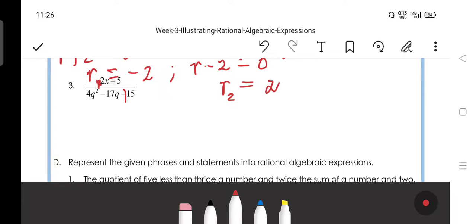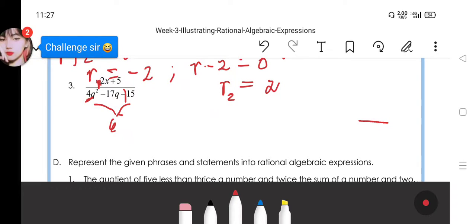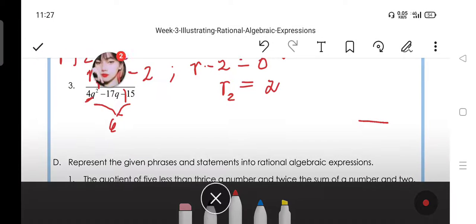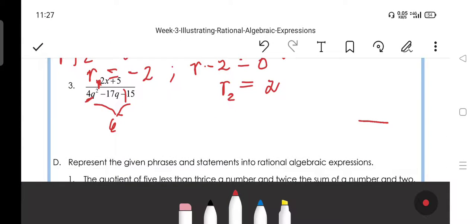Okay, so in this kind of general trinomial where the numerical coefficient of the squared term is greater than 1, okay, we can actually multiply the two here, 4 and 15, so that would give us 60.